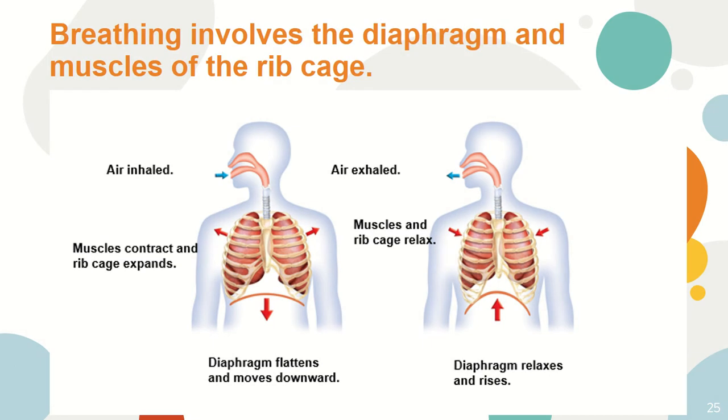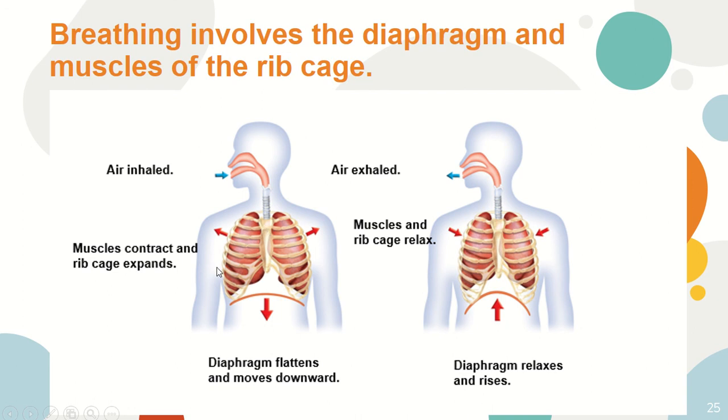Now, breathing involves the diaphragm and the muscle of the rib cage. We have what we call the rib cage. Ito yung ating ribs as a support. Now, as you can see here, when we inhale the air we breathe, what happened to our lungs? So, inhale ka nga.